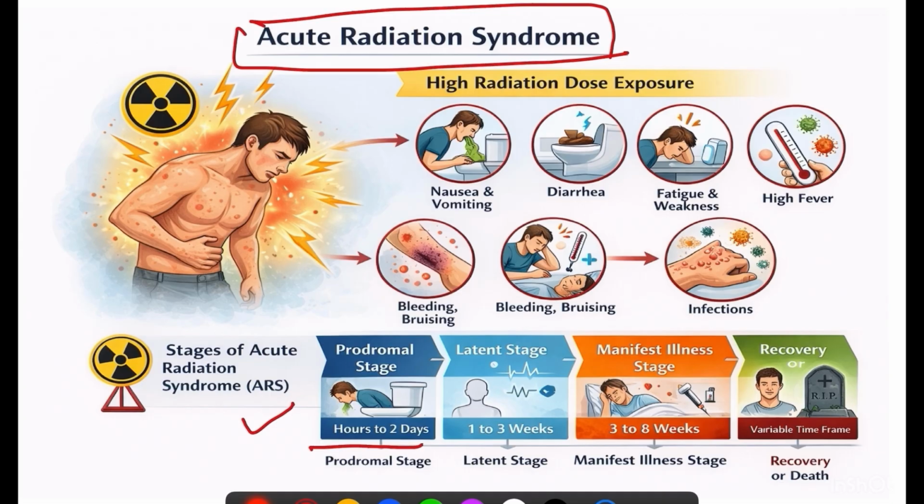After the prodromal stage, we have a latent stage in which the person appears apparently healthy. After that, we have the manifest illness stage where the symptoms appear depending upon the dose. After the manifest illness stage, we have recovery or death, and the chances of recovery decrease as the dose of radiation increases.